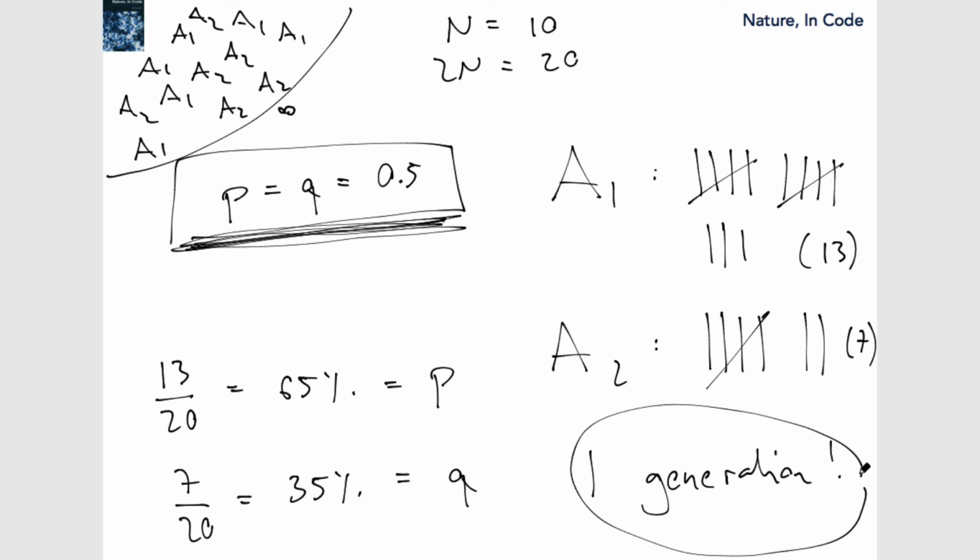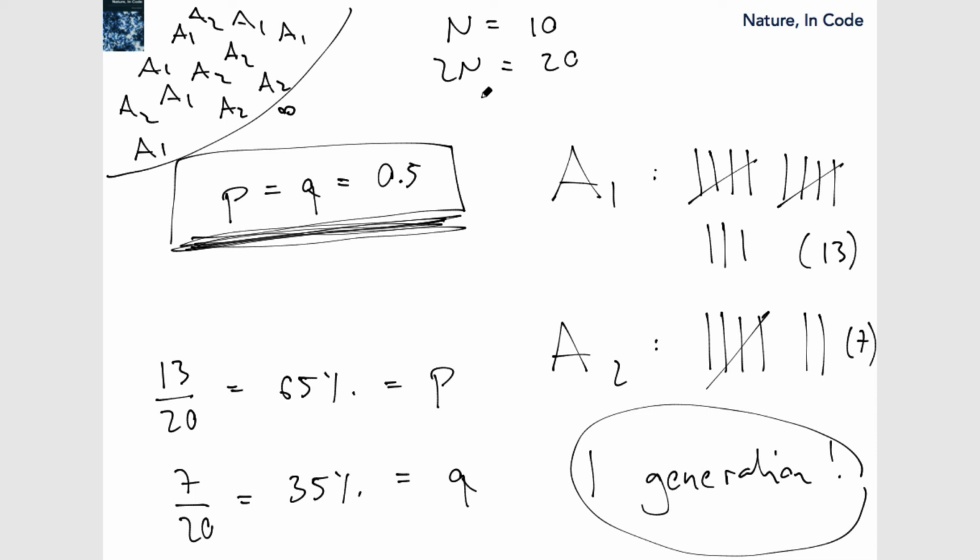And the only thing that is now different from the Hardy-Weinberg world is that we have a finite population size. So this is the key aspect. A finite population size means that we're now sampling alleles in a finite way. We're just picking a few alleles, however many we have to given n.